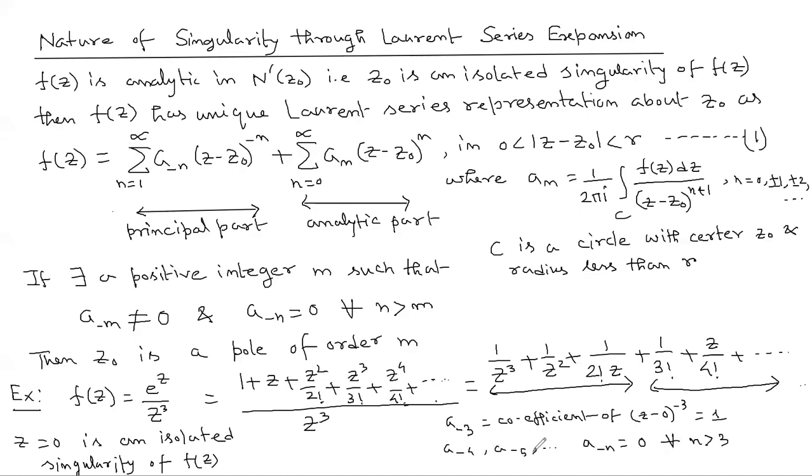So here we can conclude that z equal to 0 is a pole of order 3. Next, let us take f(z) equal to sine z by z power 5. So here also z equal to 0 is an isolated singularity.